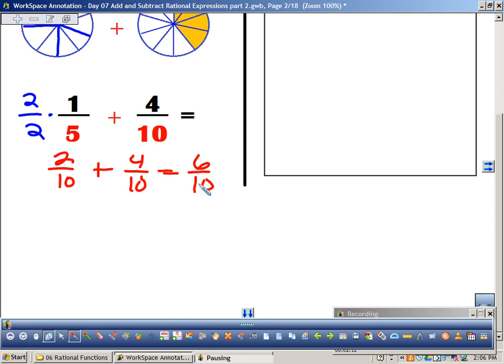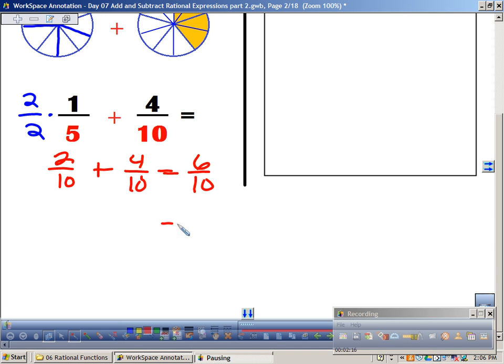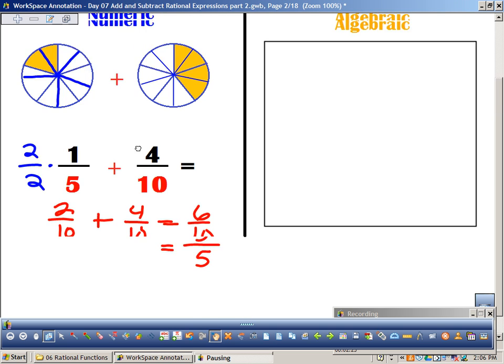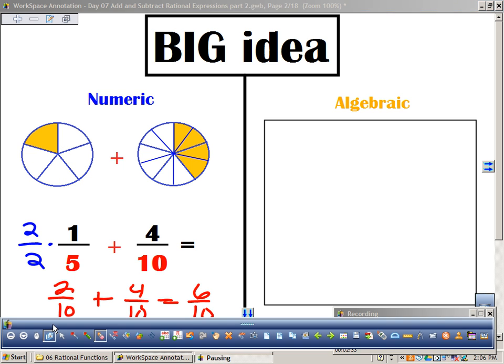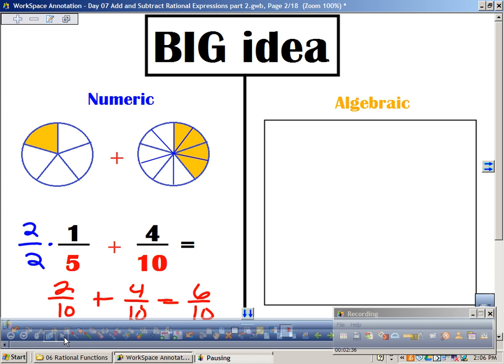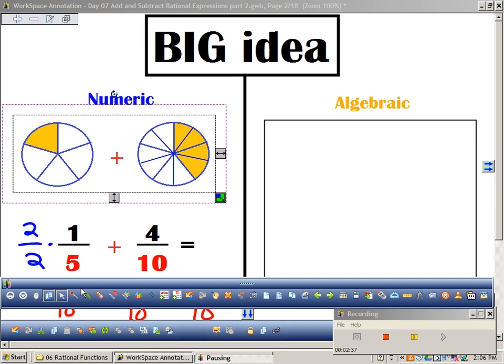But now I need to reduce by 2. So I'm going to reduce 6 by 2, which makes 3, and reduce 10 by 2, which makes 5. Which brings me back to, did I have to cut this in half? No, I could have done this. I could have done this.